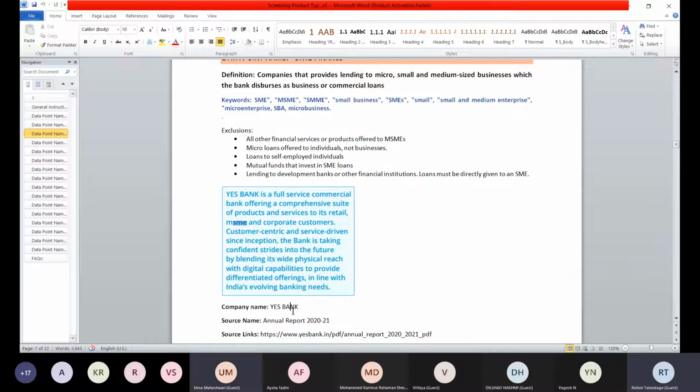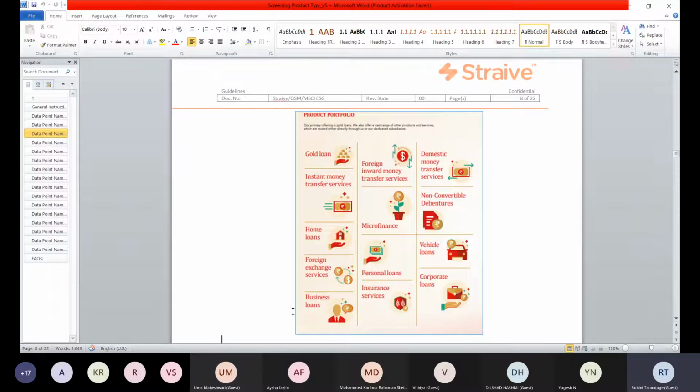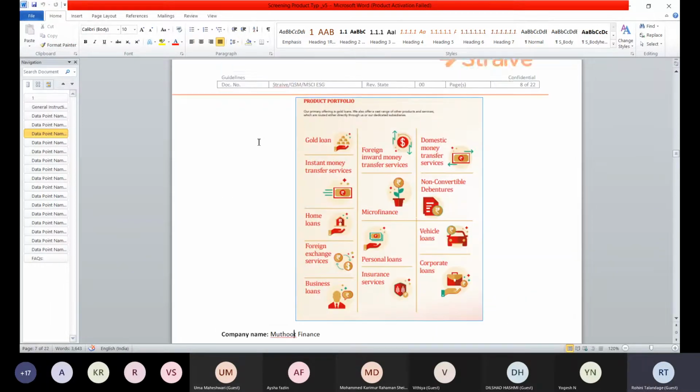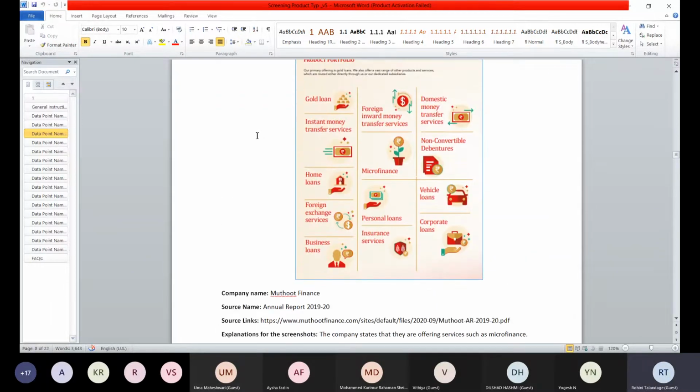So in this case we can mark yes. And here also you can see, Muthoot Finance, it says they are providing microfinance. So we can mark it as yes.